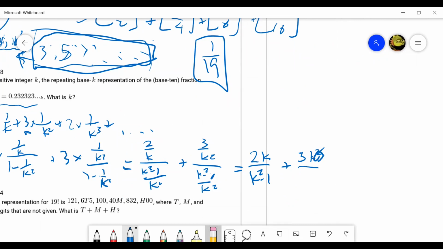Sorry, it'd be 3 here. It would just be 3 over k squared minus 1. And this whole thing is equal to 7 over 51.